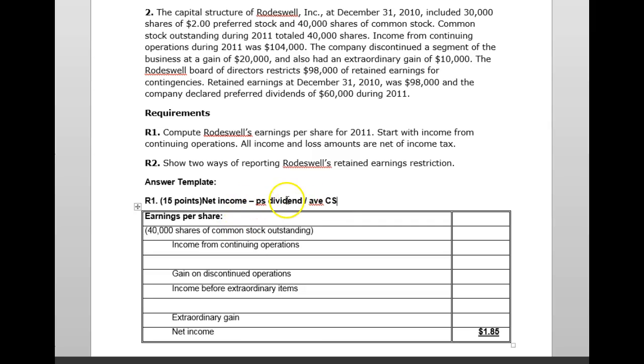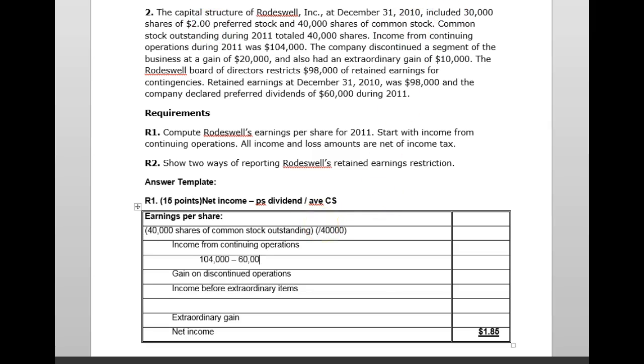So keep that in mind. We've got 40,000 shares of common stock outstanding. So that's what we're going to divide by. Let's just put that in there so we can remember that. So what's my income from operations? Well, it says it's 104,000, and I have, this is not very well explained, but this 30,000 shares of $2 preferred stock is supposed to be telling you that's their dividend.